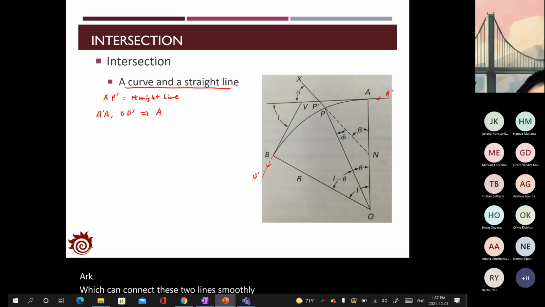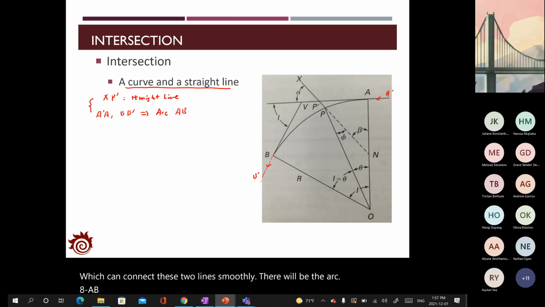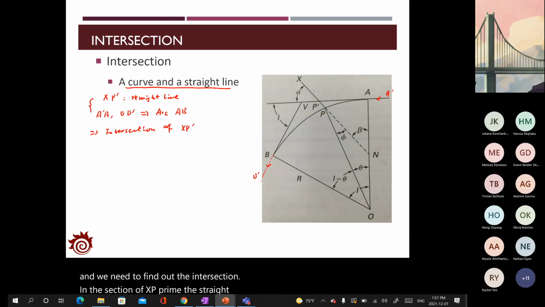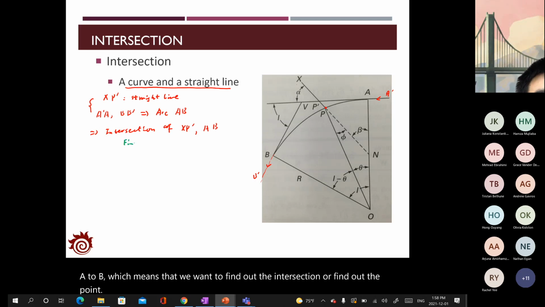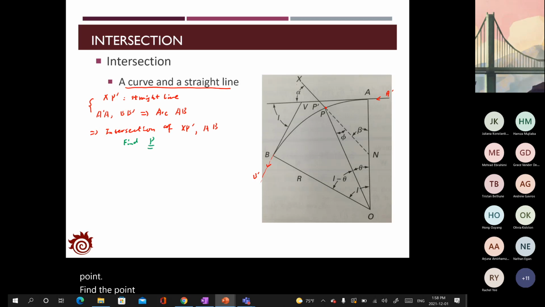That will be the arc A to B. And we need to find the intersection of XP prime, the straight line, and the arc A to B, which means that we want to find the point P, which is on both the straight line X to P prime and the curve A to B.